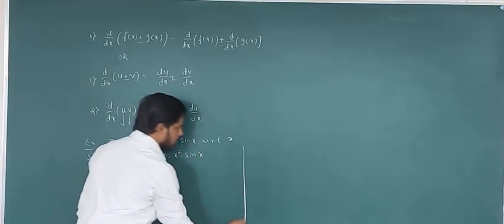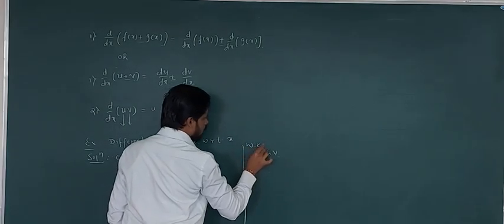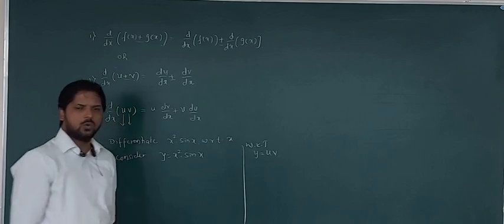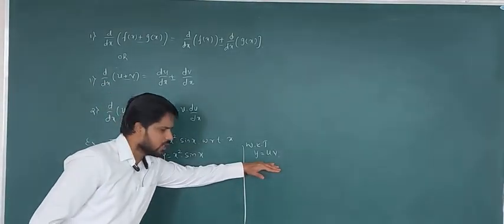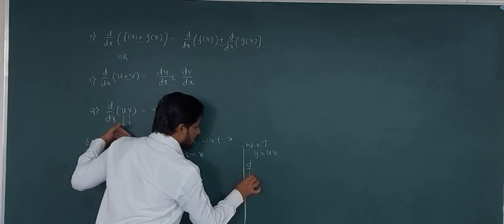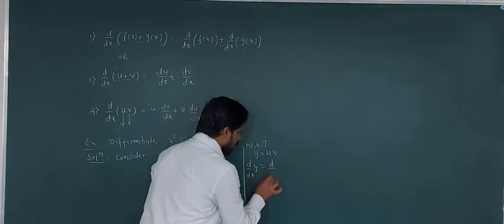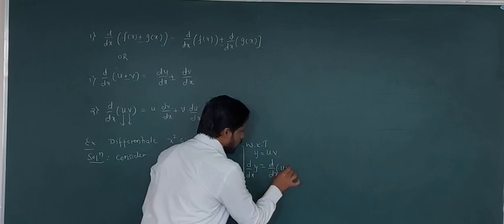We know that if y equal to u into v, then dy by dx is equal to d by dx of u into v.